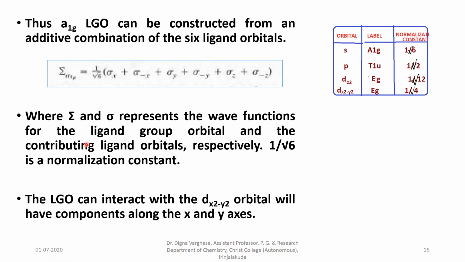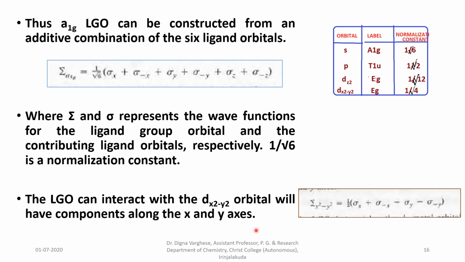So the LGO that can interact with the dx²-y² orbital will be represented as follows: sigma x²-y², with 1 by root 4 as the normalization constant, which can be written as 1 by 2, sigma x plus sigma minus x minus sigma y minus sigma minus y.